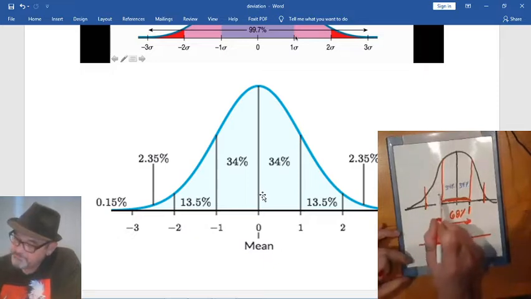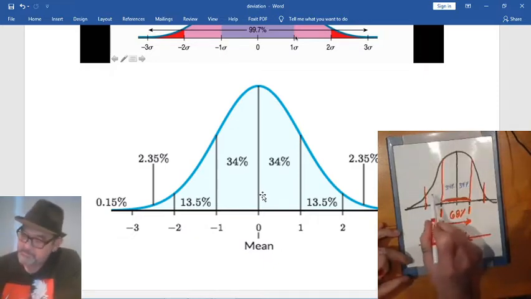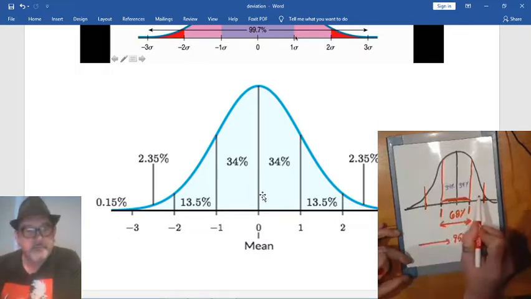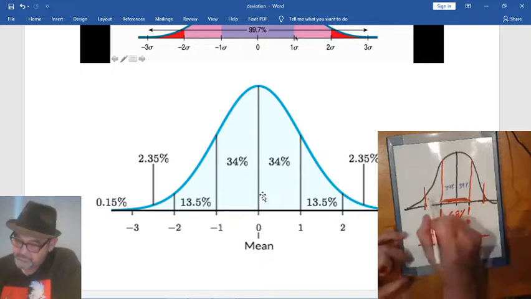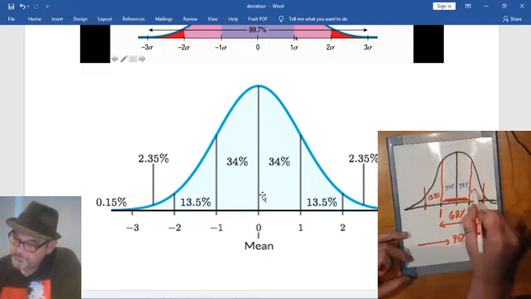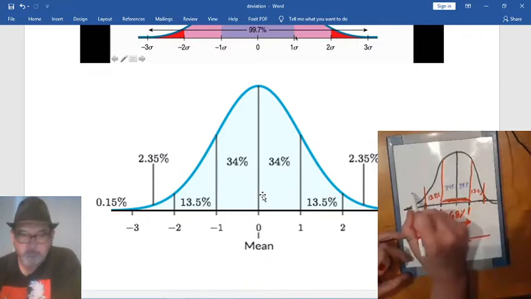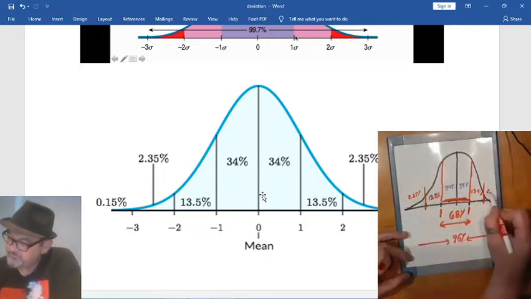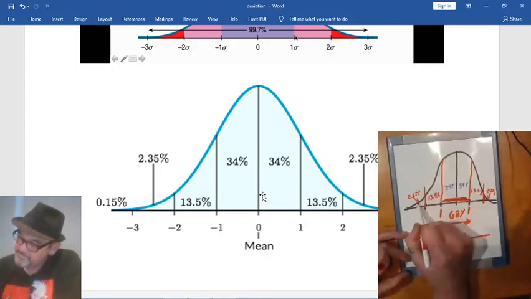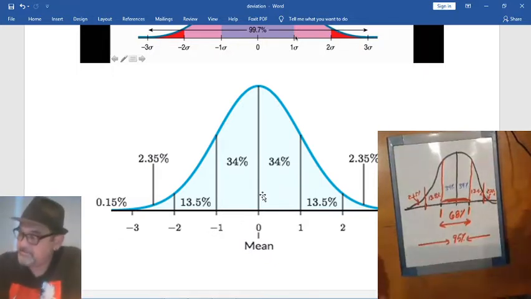So 27% of my data points are going to be combined in this area here and this area here. What's half of 27? 13.5. So 13.5% here, 13.5% here. And then again, if you go to the third standard deviation, you're left with 2.35% and 2.35% way down here. So 2.35% of all the data points are there, 2.35% of all the data points are there.